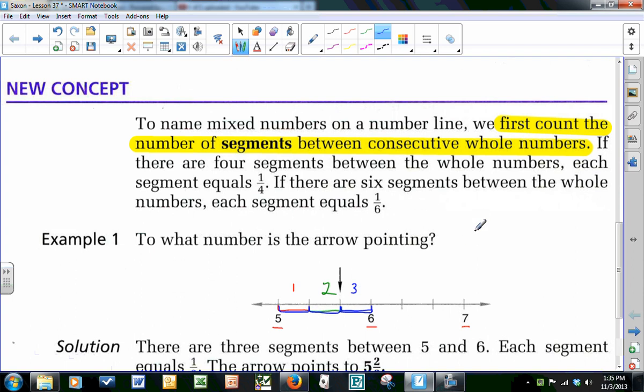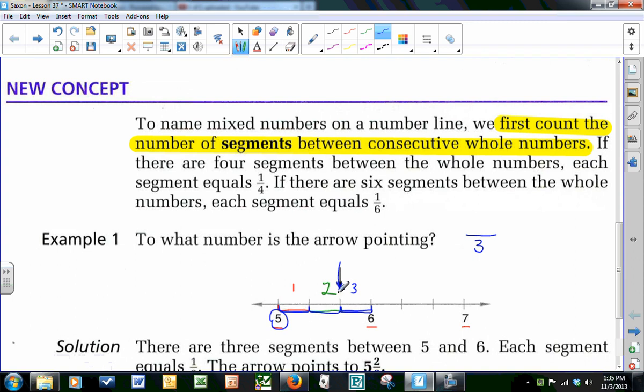So I have 3, and I'm going to put a 3 as my denominator because that's how many parts I have in my whole. And I'm going to put a 5 as my whole number because the arrow is pointing between the 5 and 6, but it hasn't made it to 6 yet. It's kind of like I'm 5 years old, but you can't say you're 6 yet because you haven't had your 6th birthday.